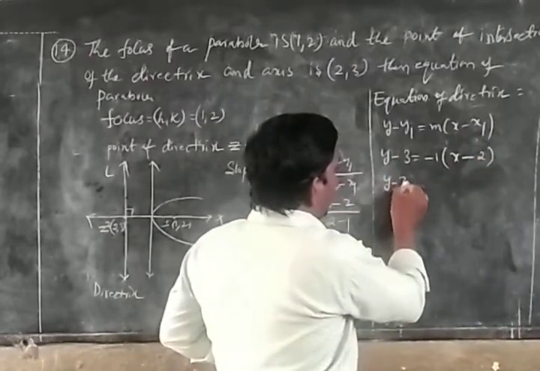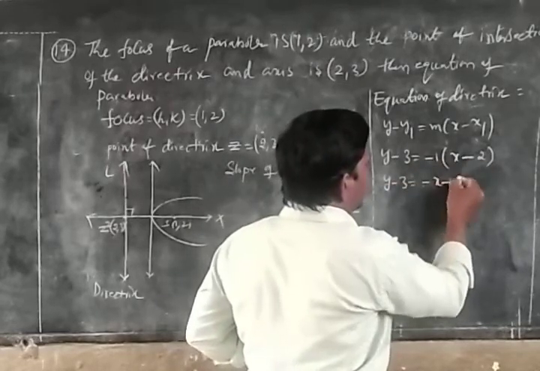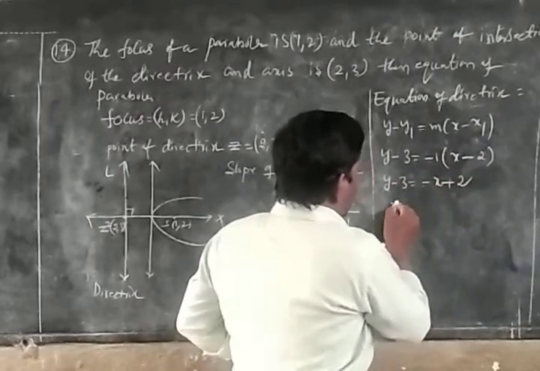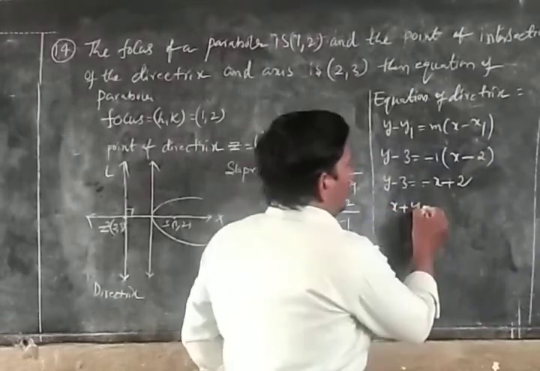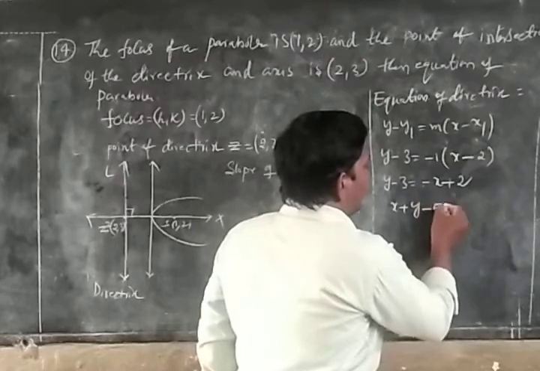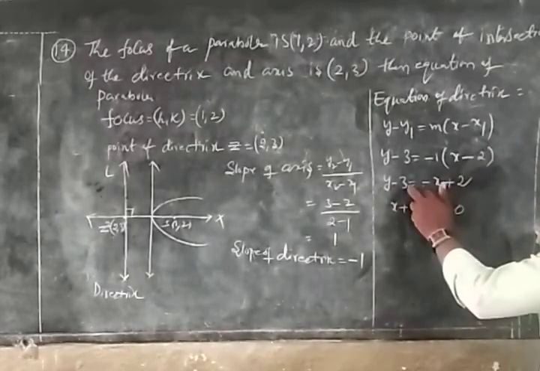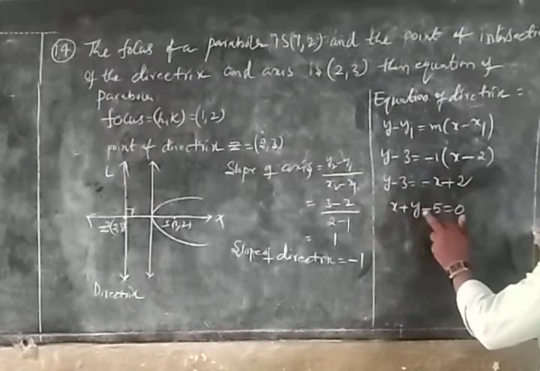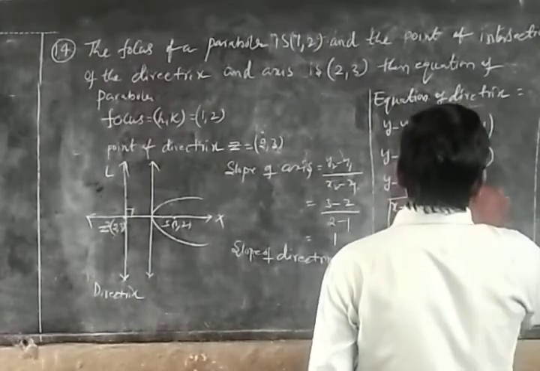y minus 3 equals minus x, minus into minus is plus, so minus x plus 2. That gives x plus y, minus 3 minus 2 becomes minus 5, equal to 0. So x plus y minus 5 equal to 0 is the equation of the directrix.